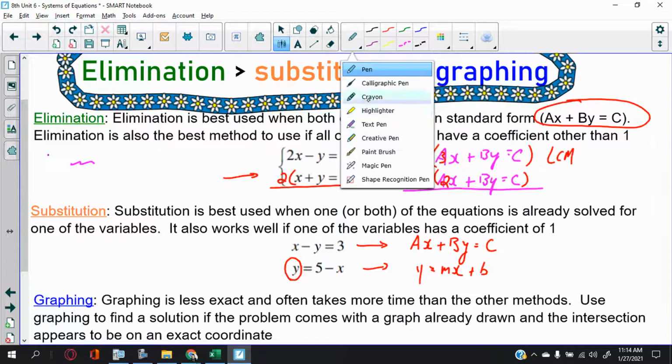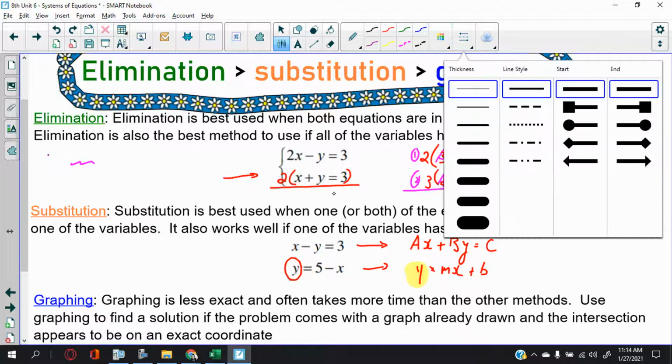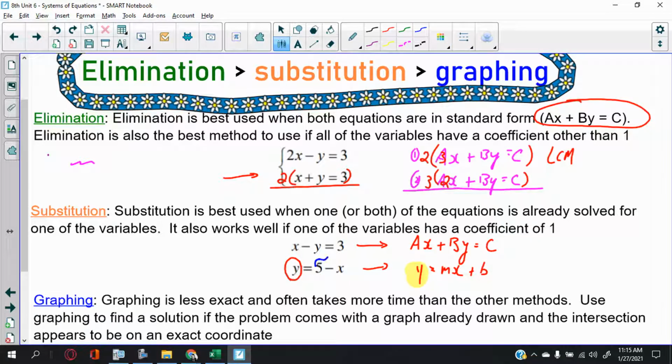Here, you can tell that this is isolated, meaning you can just substitute it right in. You can take this expression and put it right where y used to be, and then you would get x minus, and then 5 minus x equals 3, and so forth. So that's really it between the two.